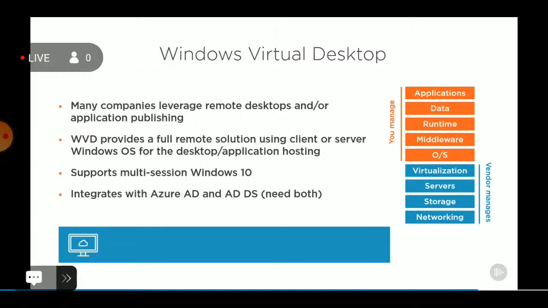I need Azure AD from the management permissions plane for WVD, and then I need Active Directory domain services for the actual underlying VMs and that Windows OS running inside it for its authentication. That could be your regular AD you have on premises or something like Azure AD domain services. But if I think about, hey, I need a VDI or a session virtualization environment in the cloud, Windows Virtual Desktop is a fully managed offering with lots of built-in images with things like Office 365, or I can bring my own.